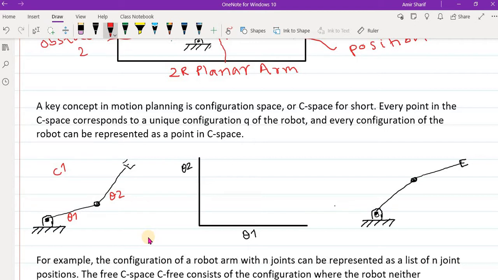This is a C space here, with X and Y axes which specify all values of theta 1 and theta 2, and in this configuration space, C1 corresponds to a specific point, this point here.